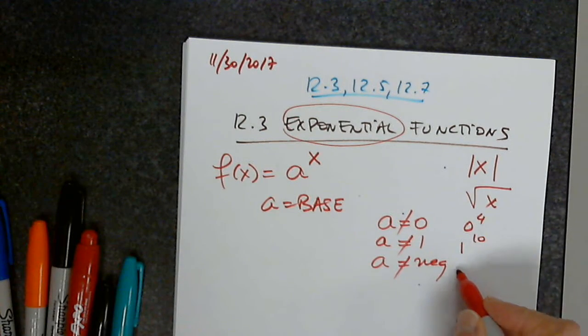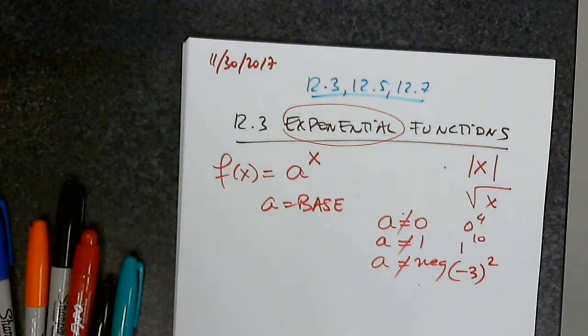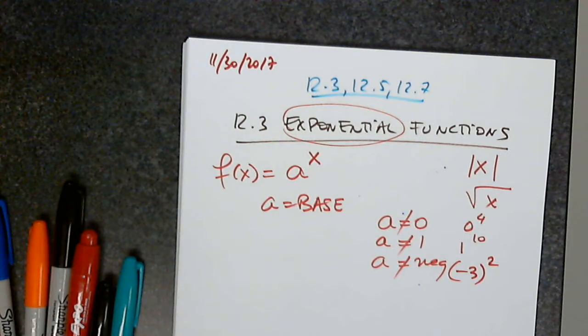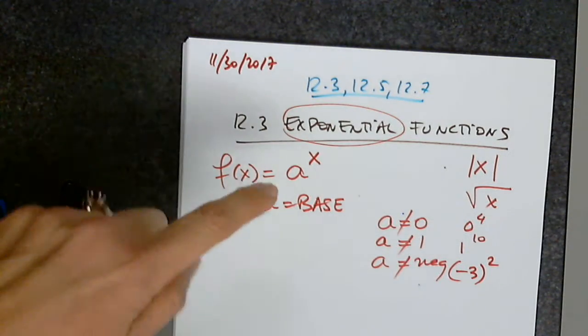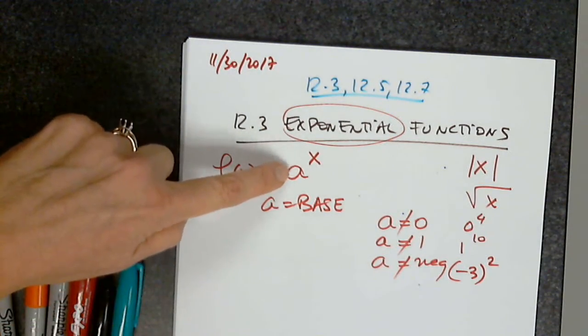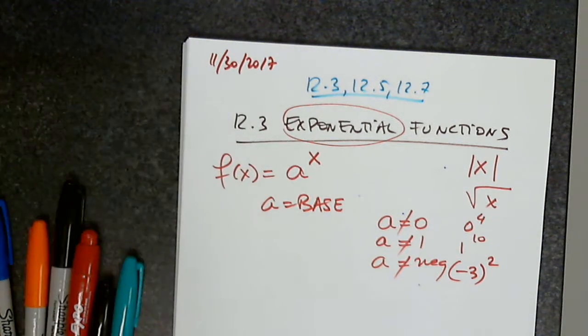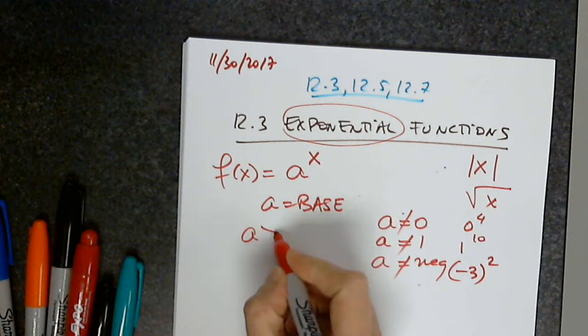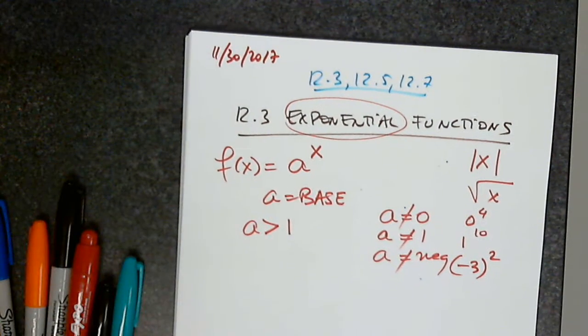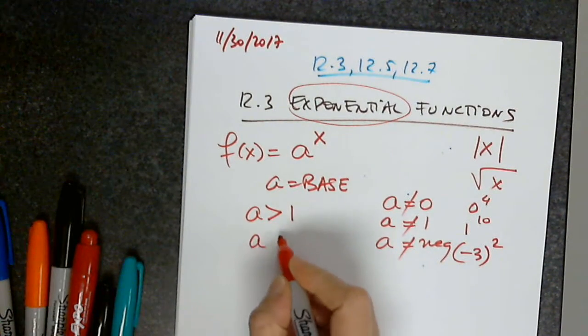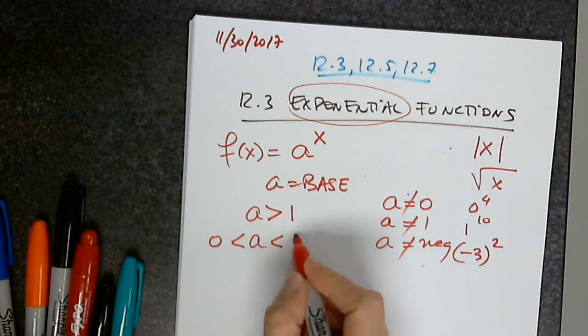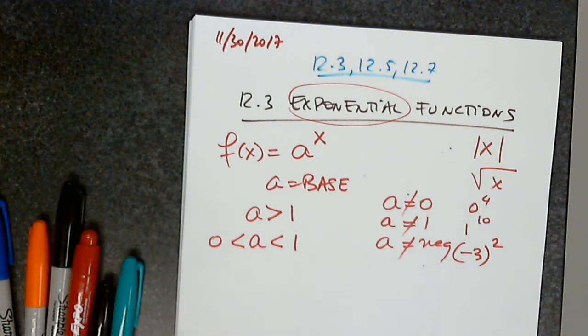I can raise a negative number to a power. Yes, all these are possible indeed. But for the exponential function, the base cannot be those. What can it be? It can only be a positive number greater than 1, not 1. And it can be a positive number, but tiny, between 0 and 1.